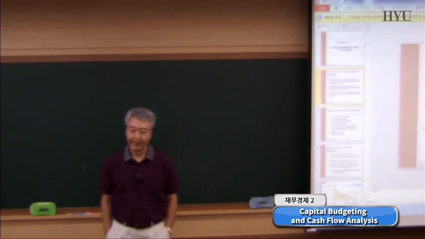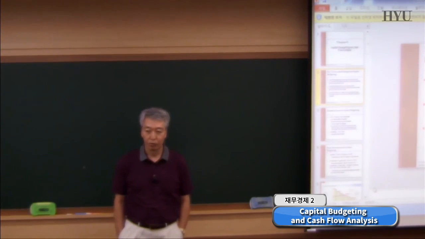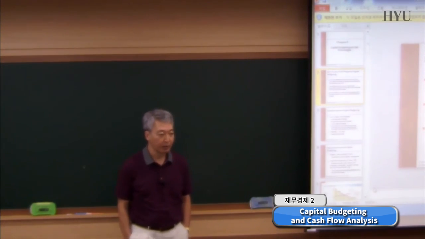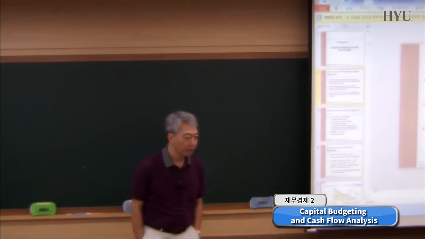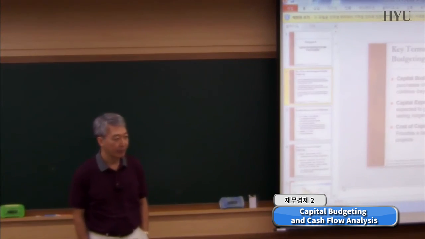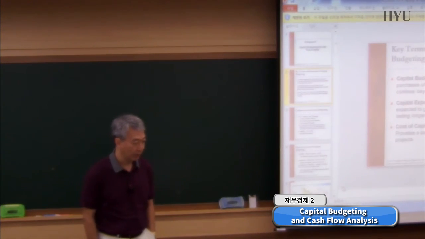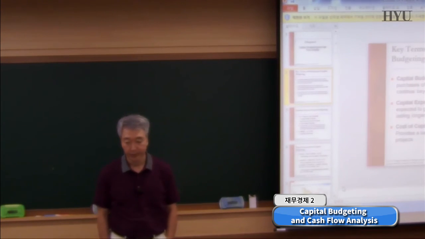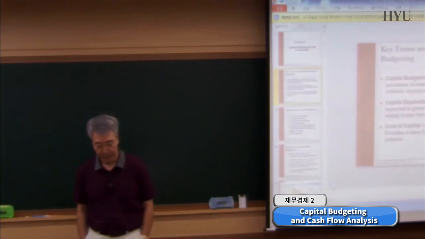And then in order to choose one of the many alternatives, we have to assess the profitability. Which one is the most profitable? For that purpose, how to calculate the expected cash flow and expected cost, and so on. Those will be the topics in this chapter.